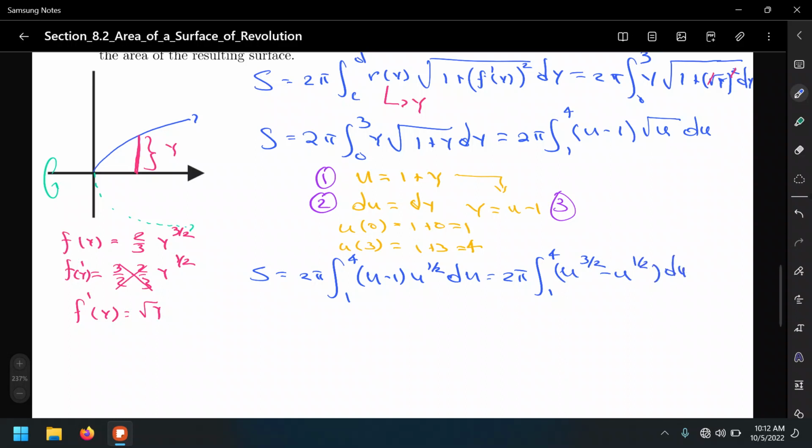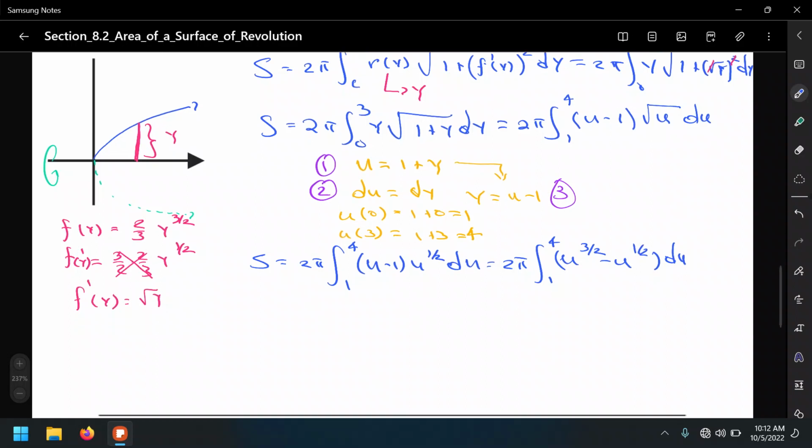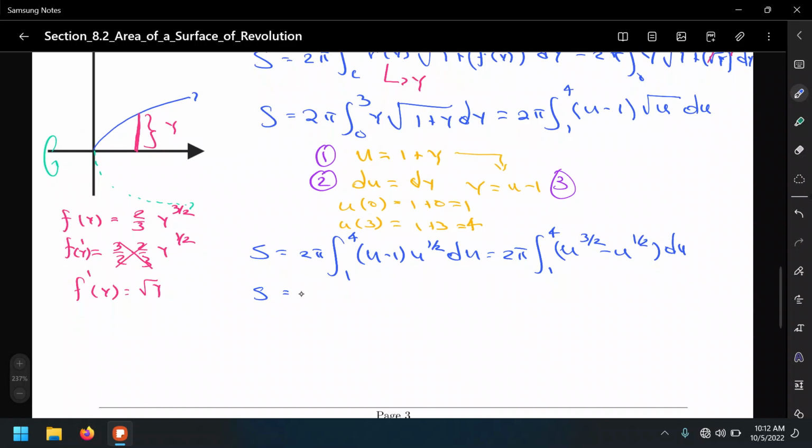And we can use just the general power rule on this one. Just add 1 to the exponent of 3/2 and divide by the new exponent. Add 1 to the exponent 1/2 and divide by that exponent. So that's u to the 3/2 plus 1, isn't that a 5/2? 5/2 over 5/2 minus u to the 3/2 over 3/2, evaluated from 1 down to 4.